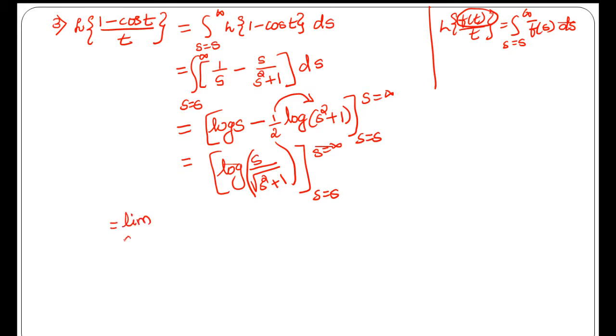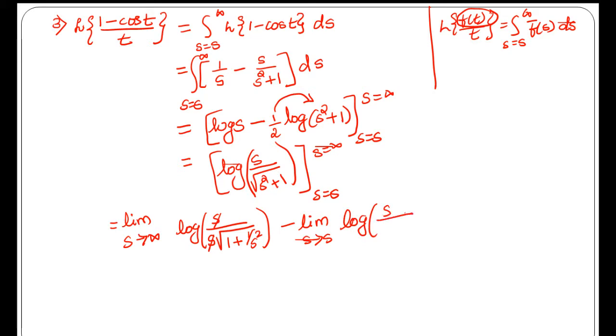We'll apply the upper limit first. So limit s tends to infinity, log of, while applying the upper limit, I will take s square outside from the square root. That is infinity by infinity, undefined value. So 1 plus 1 by s square, and the s gets cancelled, minus apply the lower limit, that is s tends to s for the same function.